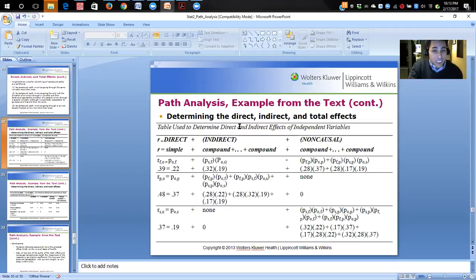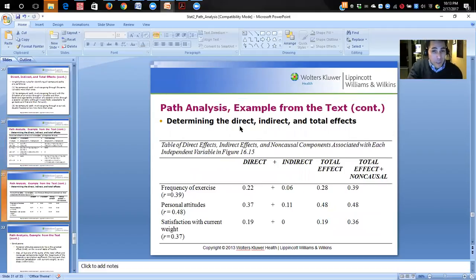And that's what path analysis is all about: direct, indirect, total effects, and it gives you the magnitude of a particular independent variable in a cause and effect modeling.